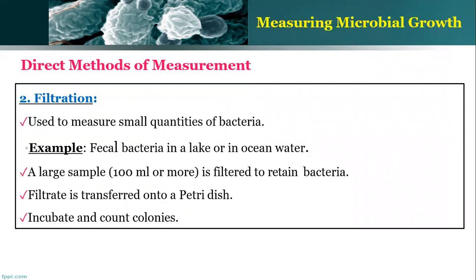Filtration is used for a small quantity of bacteria, and a large sample can be filtered. It is especially used for filtering ocean water that is contaminated with fecal bacteria. A large sample like 100 ml or more can be filtered to retain the bacteria, and the filter is transferred onto the Petri dish, then incubated, and the colonies are counted.